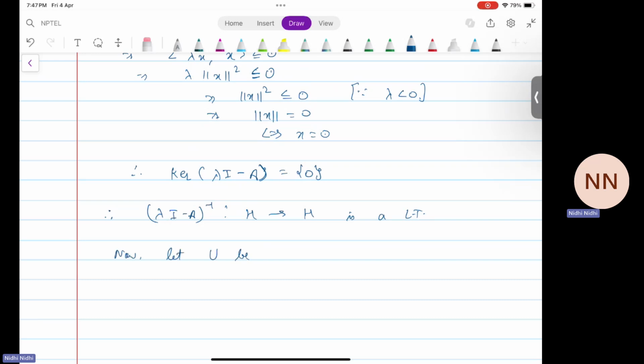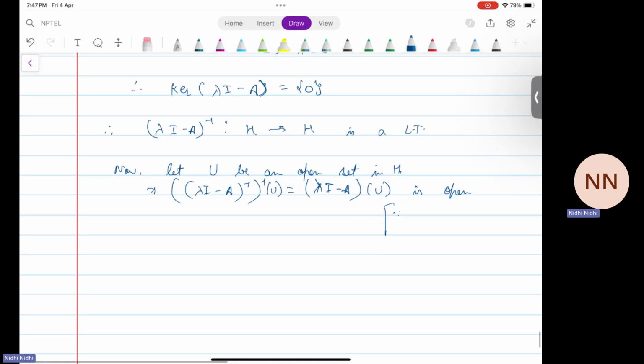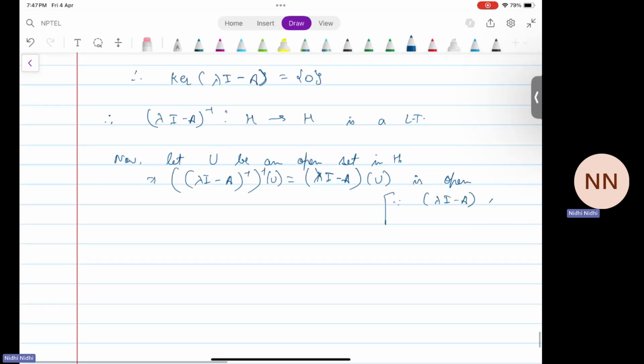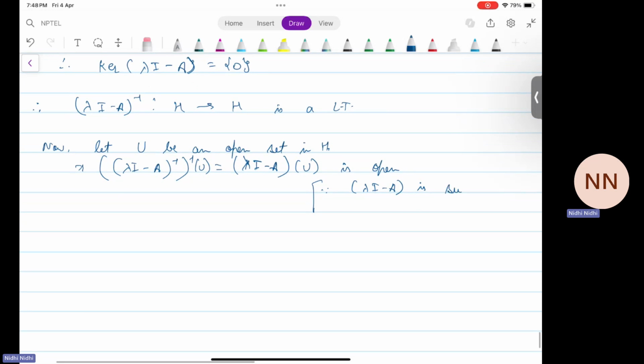Now, let U be an open set in H. Then we need to show that the inverse image, that is (lambda I minus A) applied to U, is open. Why? Because lambda I minus A is a surjective bounded linear operator.